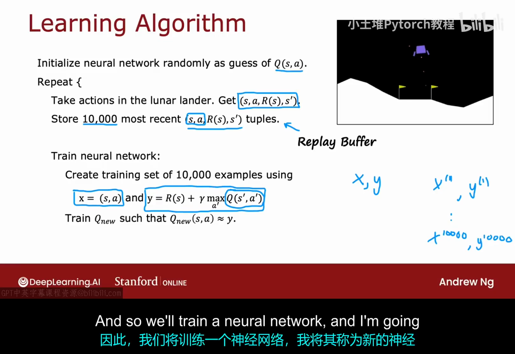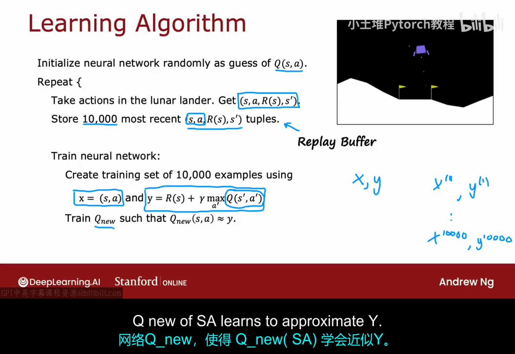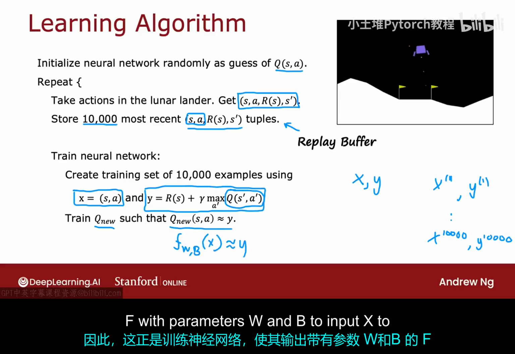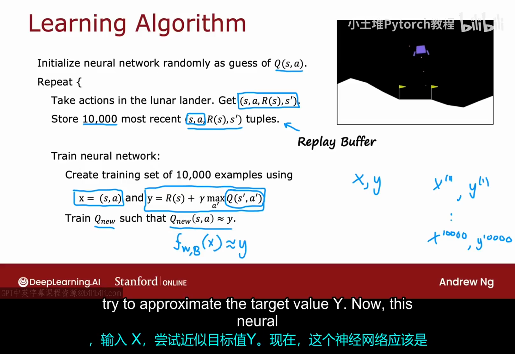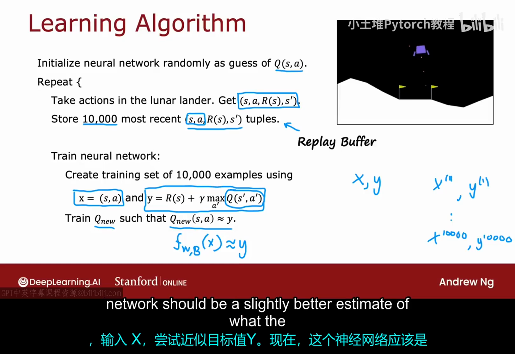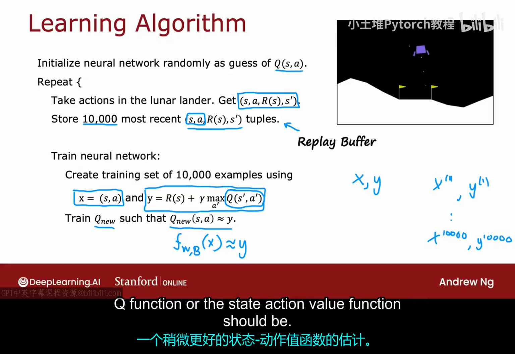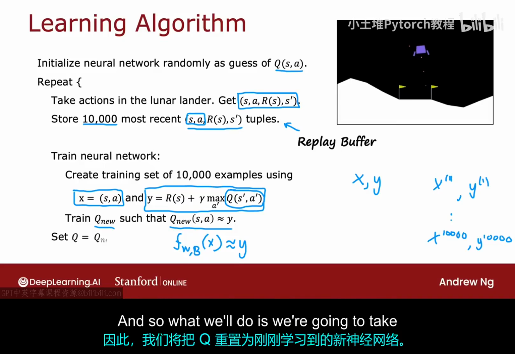And so we'll train a neural network, and I'm going to call the new neural network Q new, such that Q new of (S, A) learns to approximate Y. So this is exactly training that neural network, f with parameters W and B, to input X to try to approximate the target value Y. Now, this neural network should be a slightly better estimate of what the Q function, or the state action value function, should be. And so what we'll do is take Q and set it to this new neural network that we had just learned.